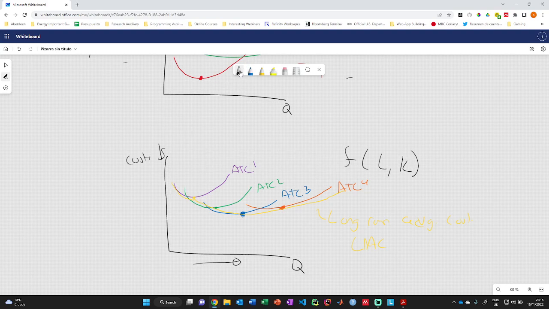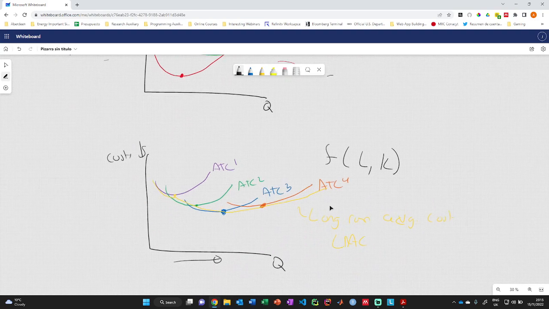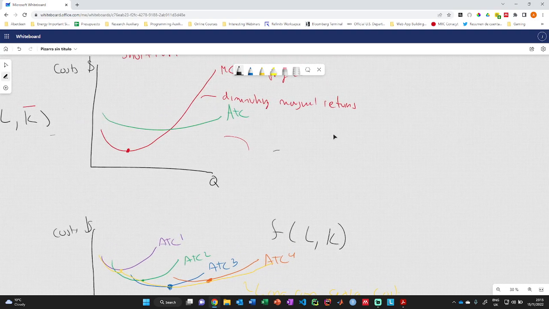And at this point, it's very interesting to see what's driving the shape of the curve. In the short run case, diminishing marginal returns is what's driving the cost curve. In the case of the long run, what drives the cost curve is what we call economies of scale, which, by the way, is exactly the same idea as diminishing marginal returns.